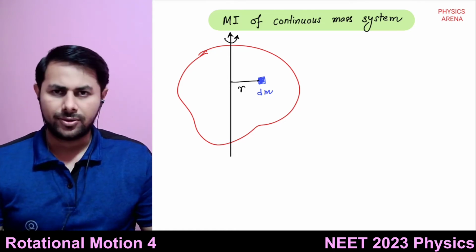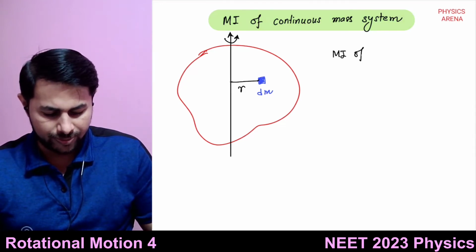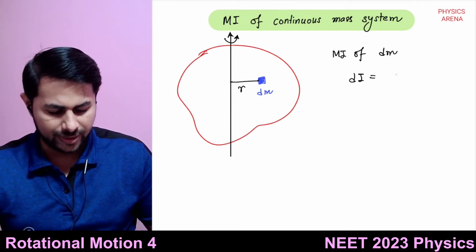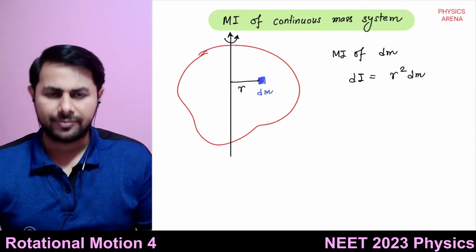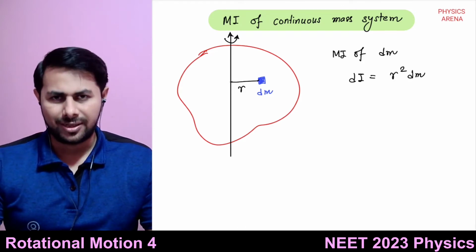So what will be the moment of inertia of the small mass dm? Let's call it dI. It is r square multiplied by dm, right?